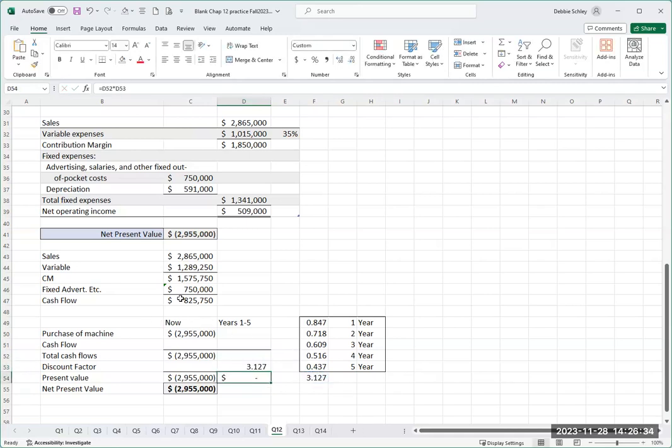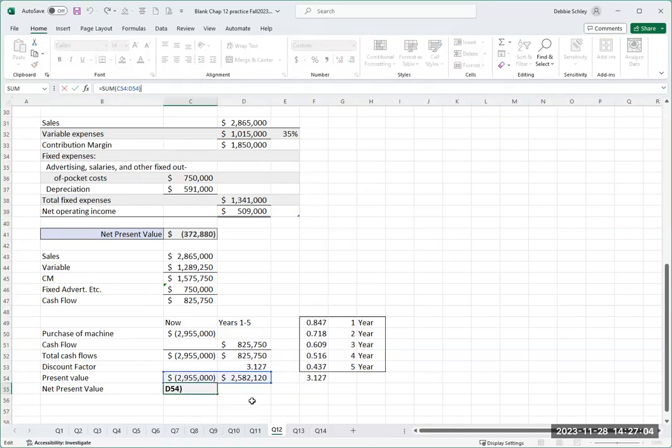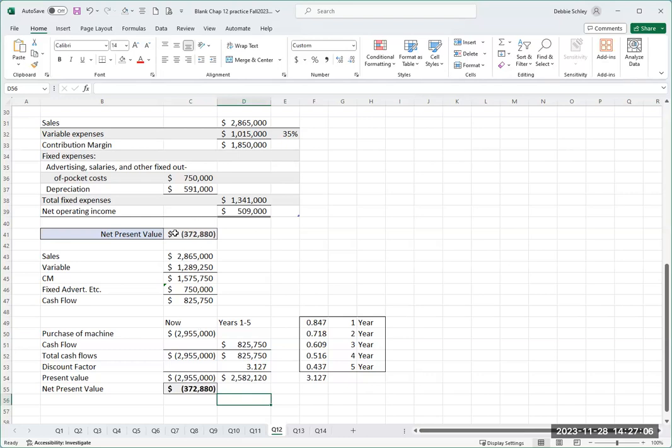And then cash flows for each year is now going to be 825,750. So that is my total cash flow. And then I multiply the total cash flows times the total of the 5 years of discount factor. And then I sum those numbers. And remember, if you get a negative number, to put it in as a negative. So for my question, negative 372,880.